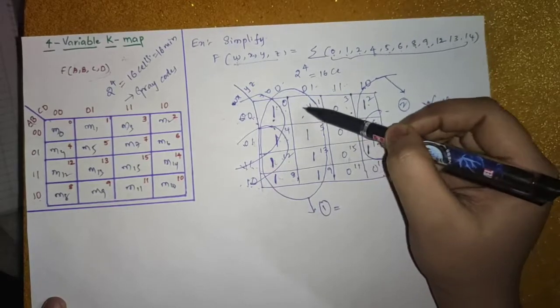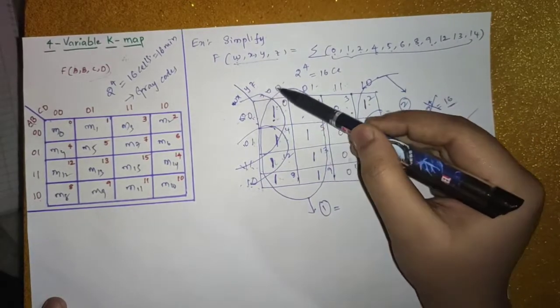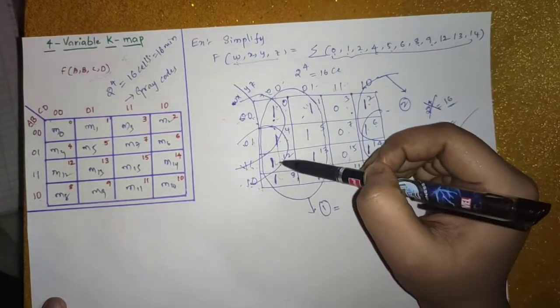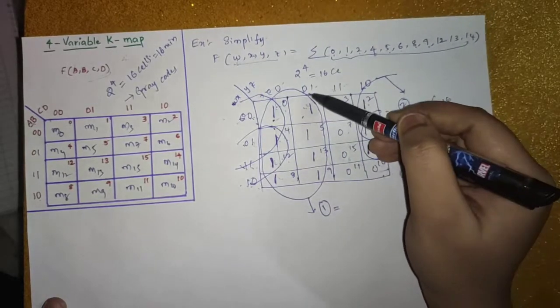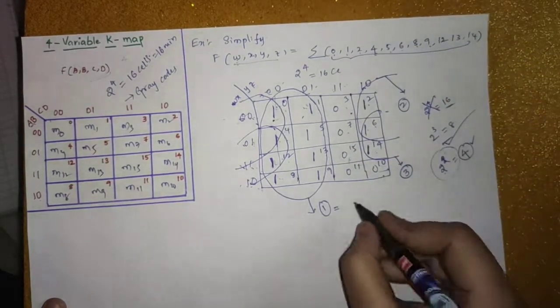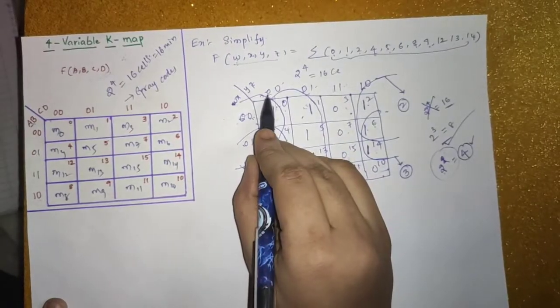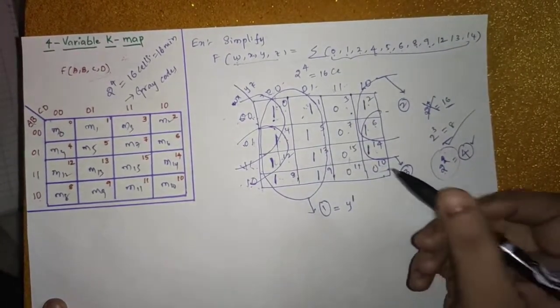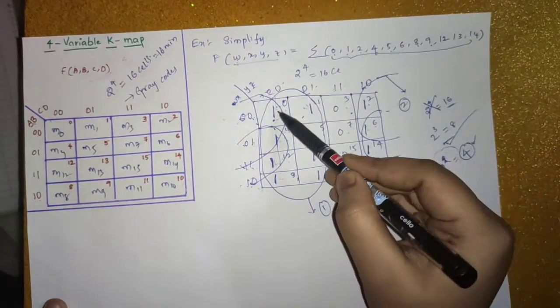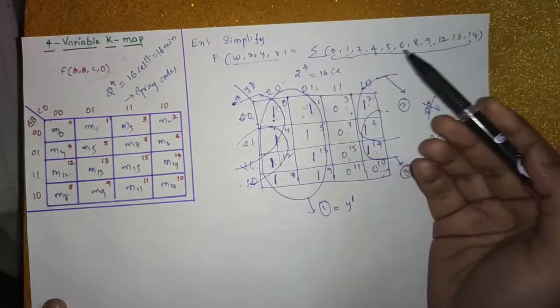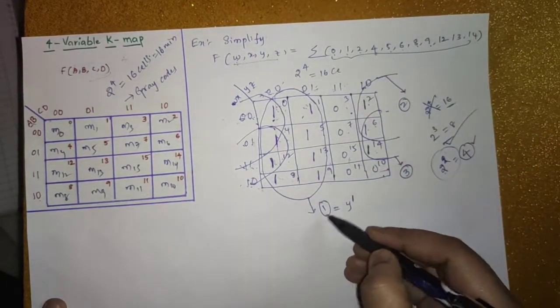In these 2 columns, if you see yz values, 0 is there in the first column, and the second column also 0. It is not varying, it is constant, so write y. But y is 0, so write y dash. Z is varying from first column to second column, from 0 to 1, so ignore that variable. So first loop is completed.